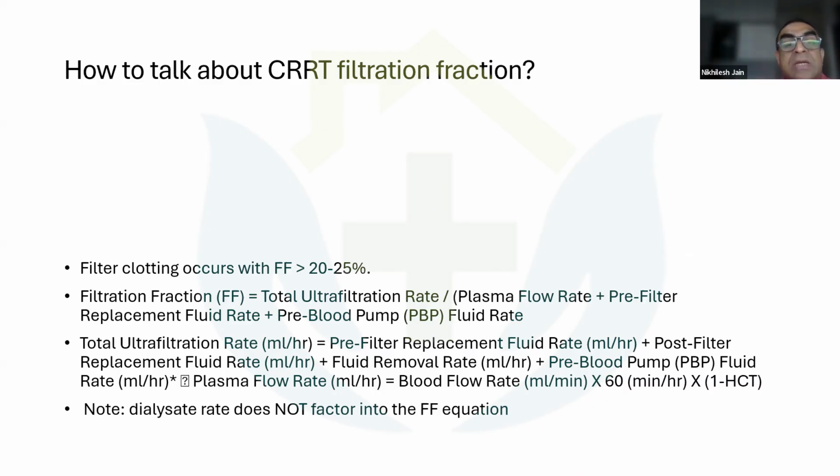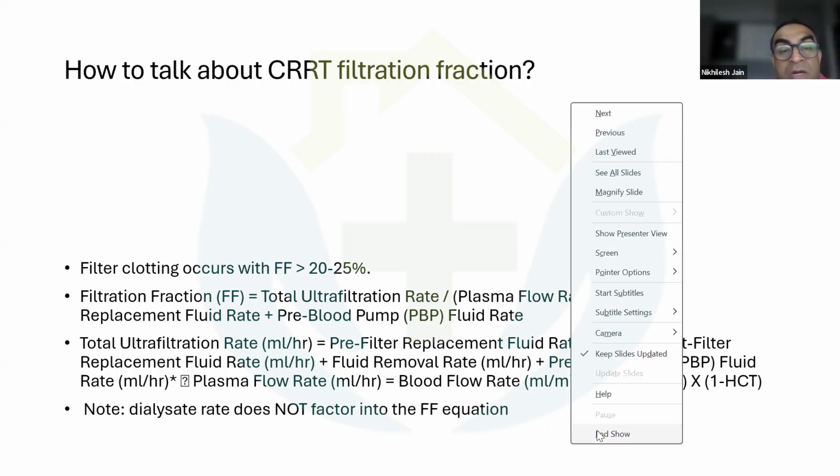Total ultrafiltration rate in mL per hour is pre-filter replacement fluid rate plus post-filter replacement fluid rate plus fluid removal rate plus pre-blood pump fluid rate. And I'm sorry, guys, there's a typo here actually. I'll see if I can end the slideshow and make it correct.